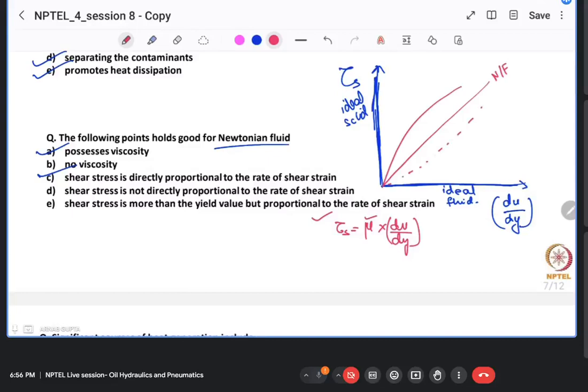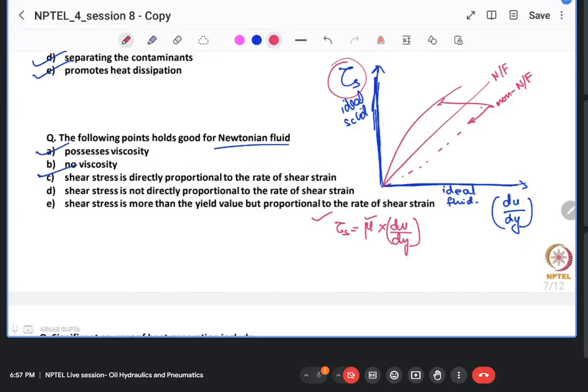There is another category of fluid. So these are non-Newtonian. There's another category where you need to overcome an initial value of the shear stress to allow the flow of the fluid. Once you overcome that initial value, it again flows like a Newtonian fluid.